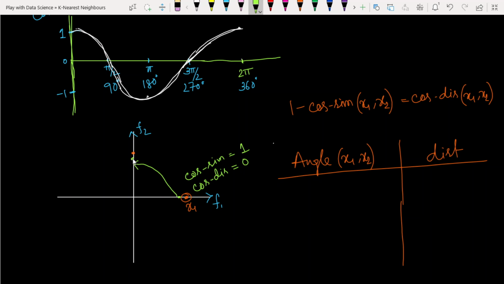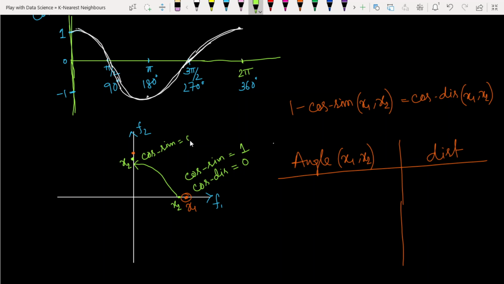Now our x2 is here, and the angle is 90 degrees. So the cosine similarity is cos 90 degrees, and cos 90 means 0.